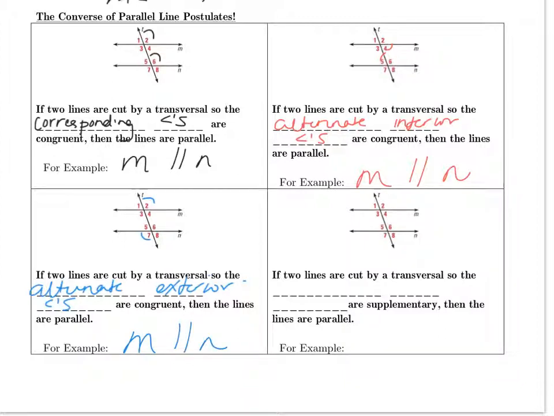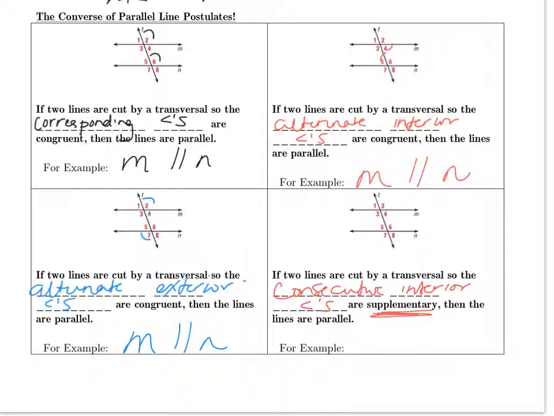If two lines are cut by a transversal, so the consecutive interior angles are supplementary. That's a new one. They're not congruent. They're supplementary. Then lines are parallel.